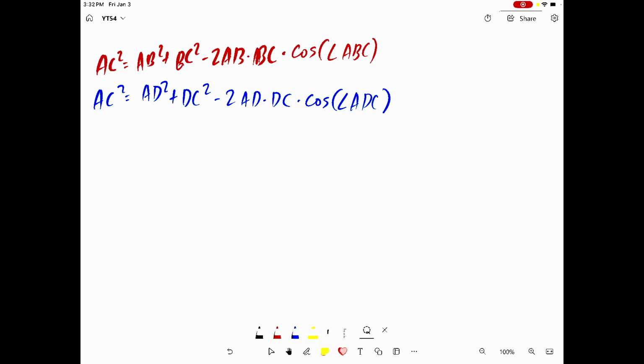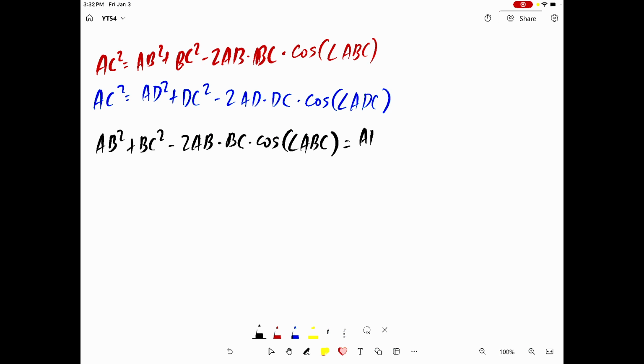Let's equate them and make our life a little easier. So this becomes AB squared plus BC squared minus 2AB times BC times the cosine of angle ABC, and this is equal to AD squared plus DC squared plus 2AD times DC times the cosine of angle ABC.